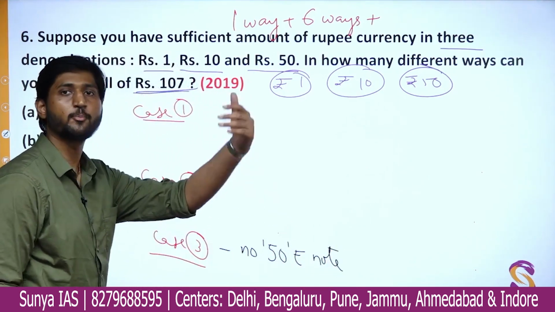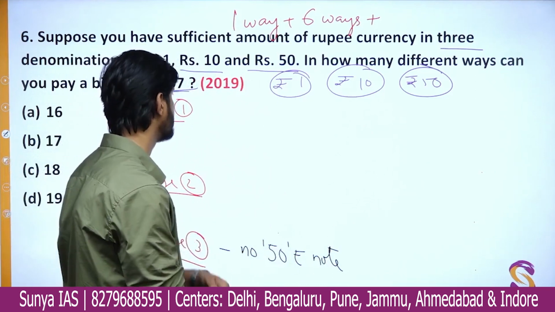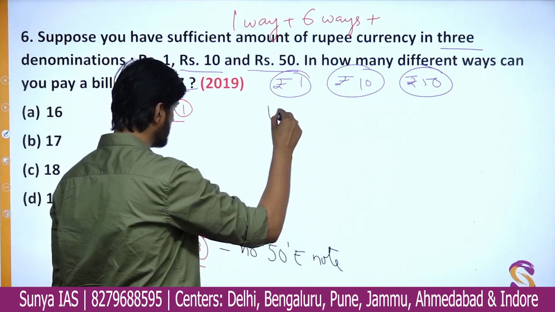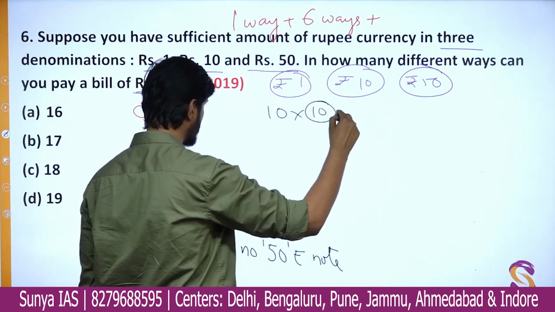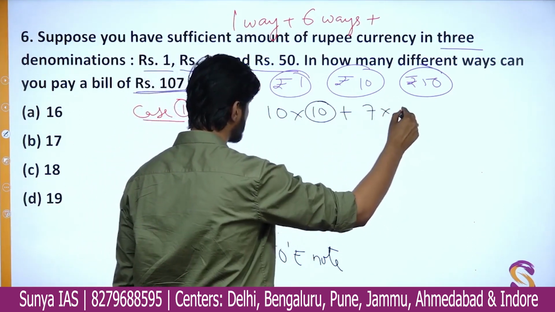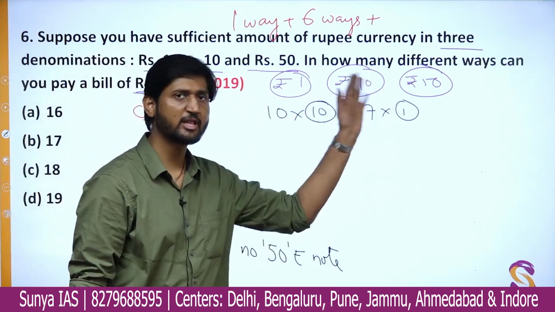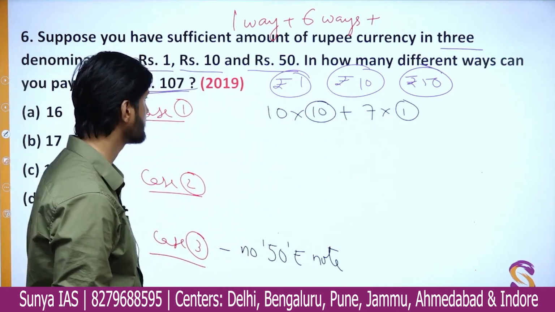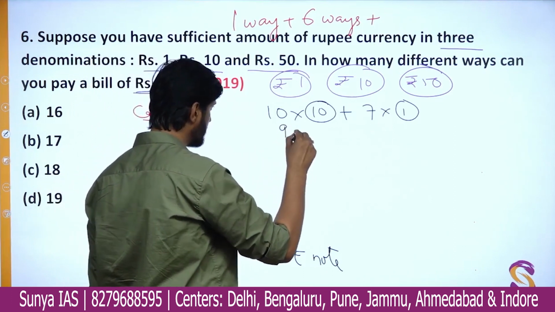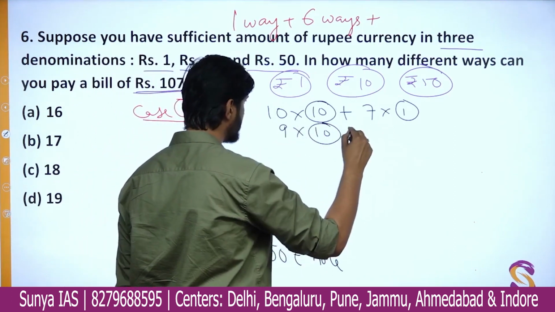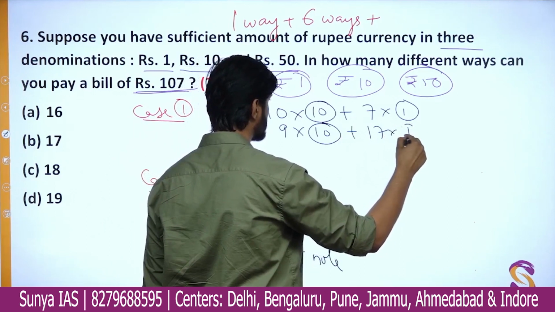So what are the options? Either we can use 10 rupee coins and pay the remaining amount by 7 one rupee coins. This will also make the amount to be how much? 107. Or what you can do, 9 coins and here you have 17 coins.